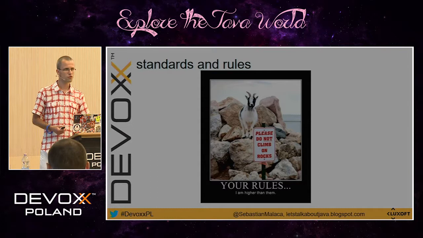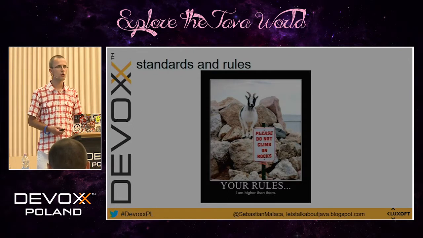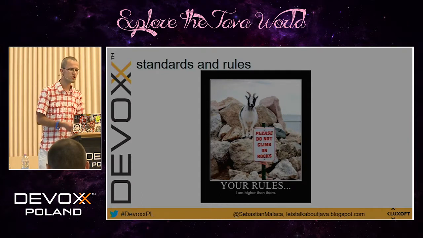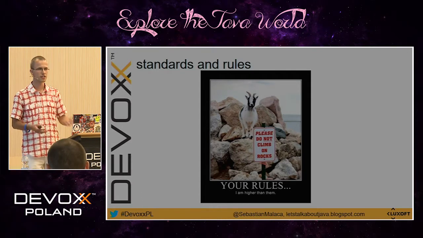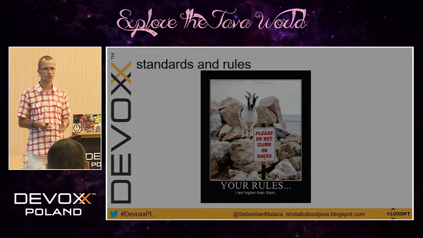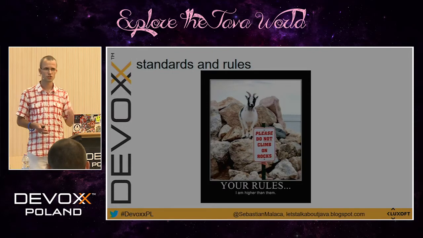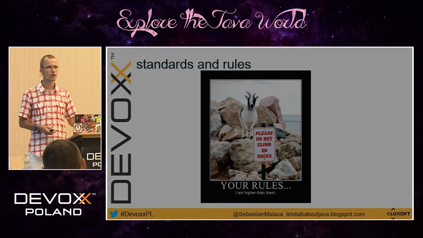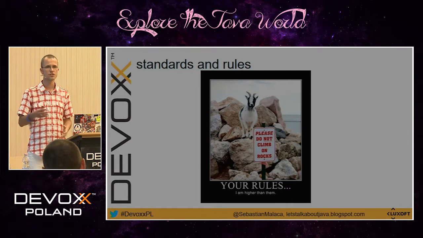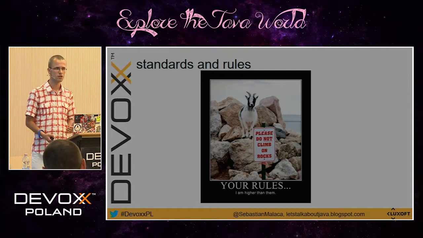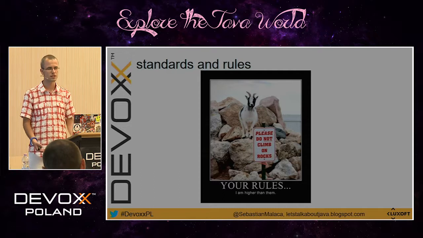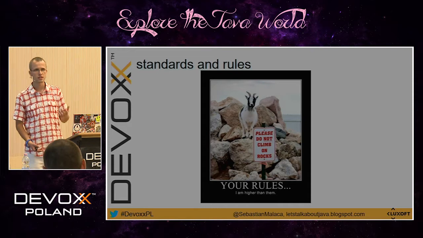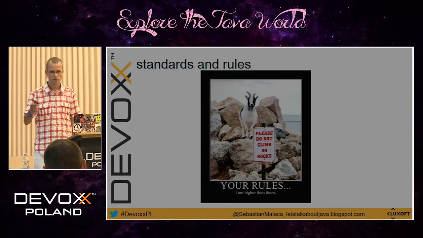We require an explanation from the author. We will challenge any situation like that. Whenever we are turning off some checkstyle or some PMD rule, we will go to the author and ask why. Why do you do so? We agreed that this is not something that we want to do. We have our rules, we have our standards, and right now we are breaking them. Why? This is the value that comes from such a code review.